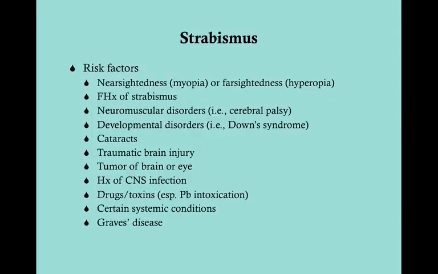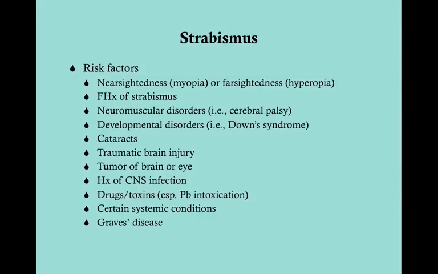Risk factors for the development of strabismus include nearsightedness or farsightedness, and that would just be your refractive errors. A family history of strabismus, neuromuscular disorders, they can affect the extraocular muscles, developmental disorders including Down syndrome, cataracts, traumatic brain injury, tumor of the brain or of the eye, a history of CNS infection, drugs or toxins, especially lead intoxication, certain systemic conditions, and Graves' disease.